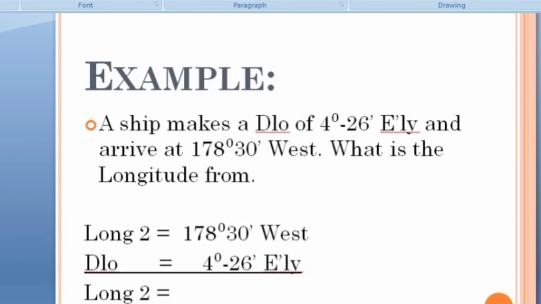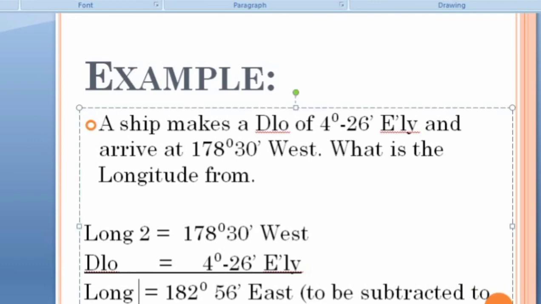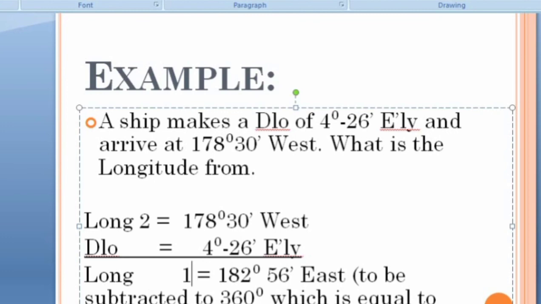So in this case, since we have easterly direction and we have arrived at the west side, it means that we need to add these two, and we are going to subtract the answer from 360 degrees in order for us to determine the longitude of origin.